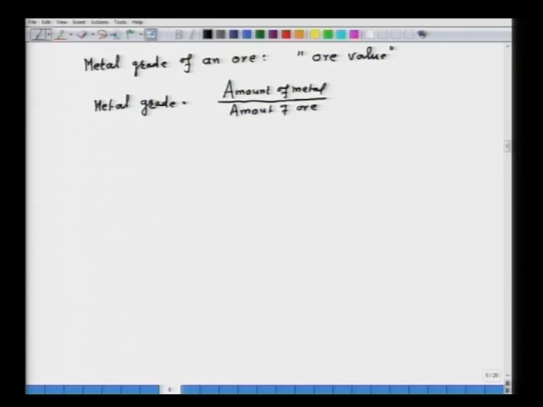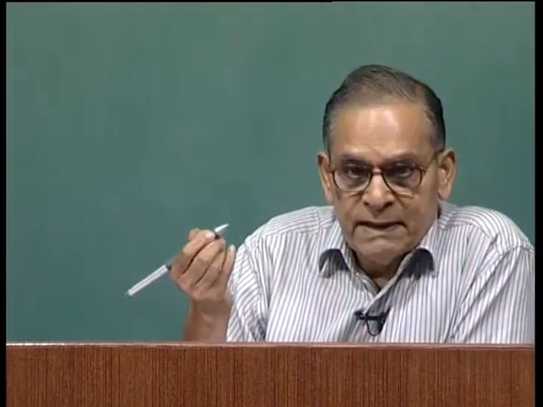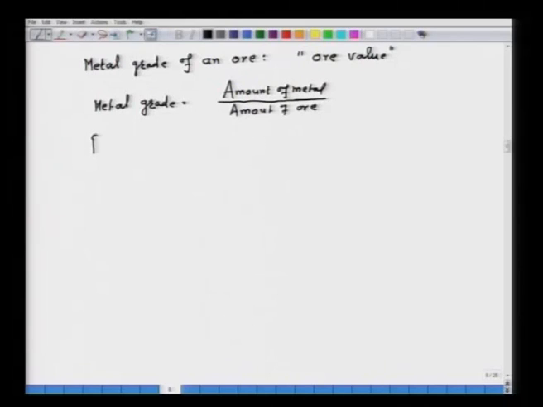I can also define metal grade of a pure mineral. In that case, I take amount of metal in the mineral upon amount of mineral. For example, I take pure Fe2O3. Then the iron grade in pure Fe2O3 is equal to 112 into 100 upon 160, and that makes 70%. What does it mean? 30% is waste that has to be removed if you want to get iron.